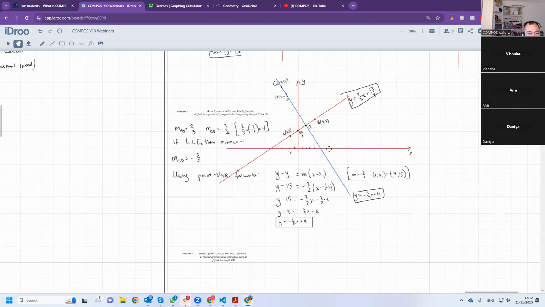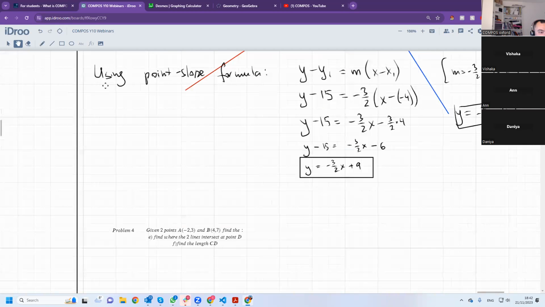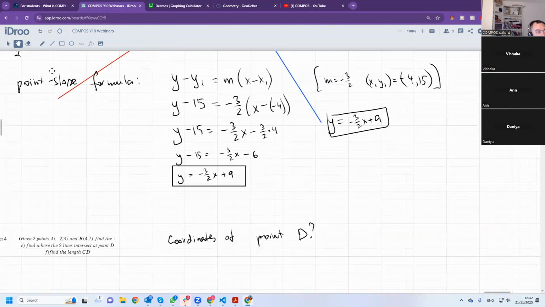Well, we know it's an intersection. Well, D is on both lines.